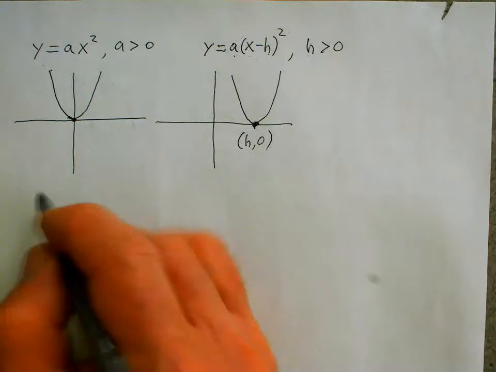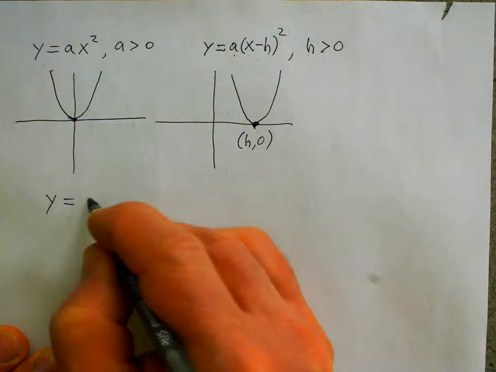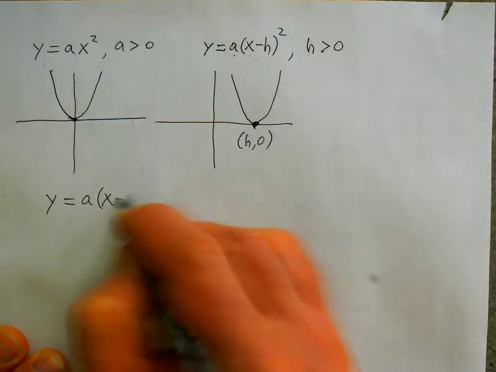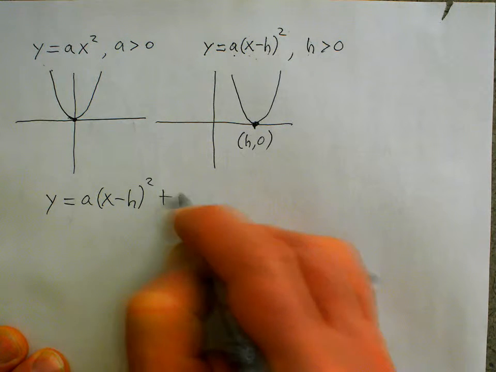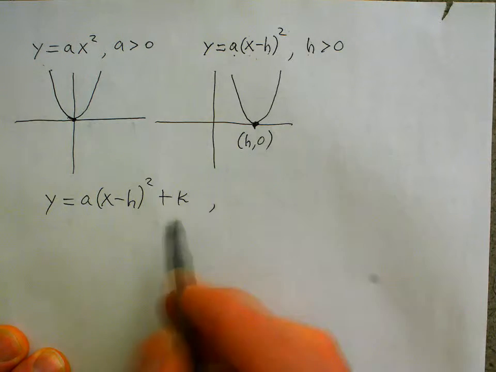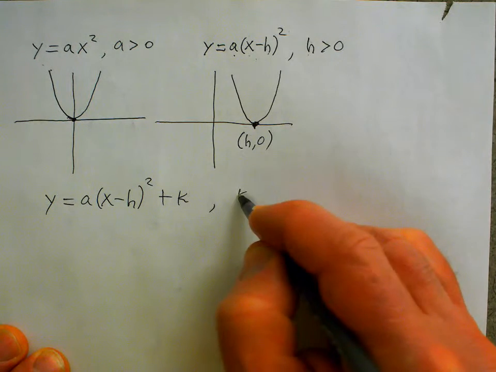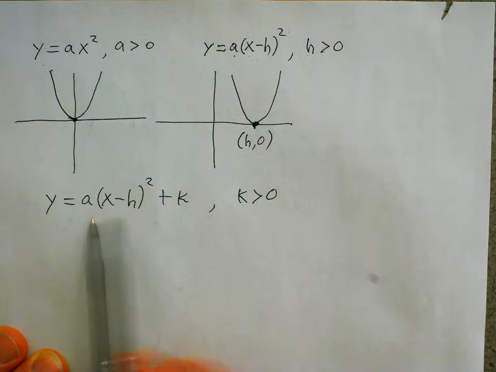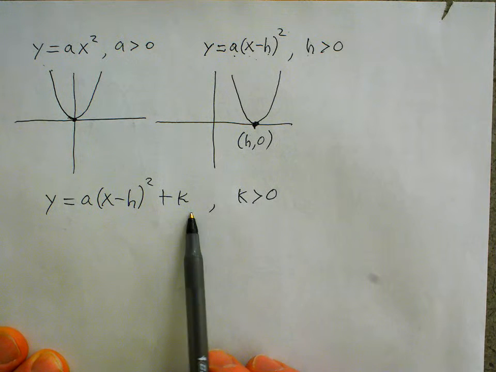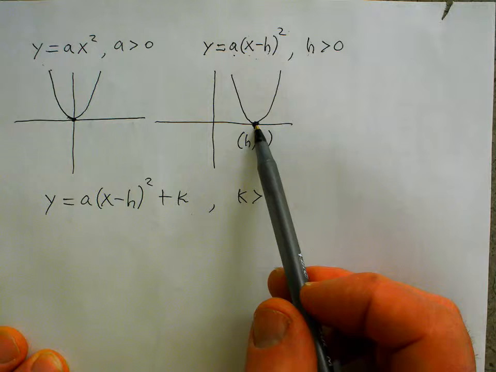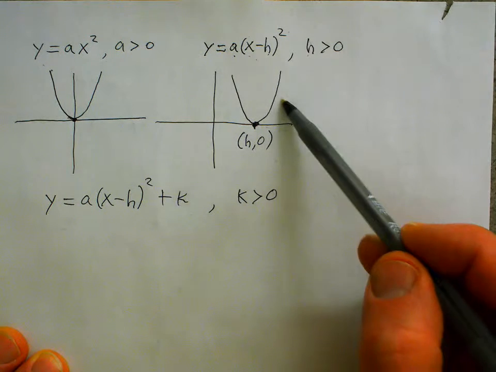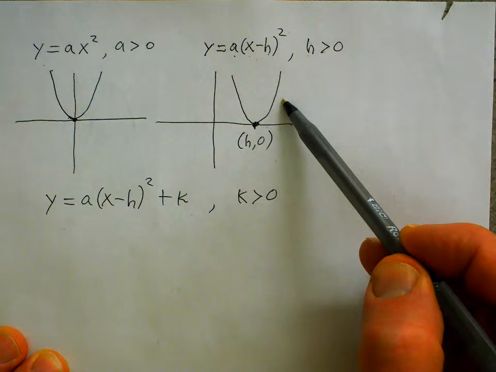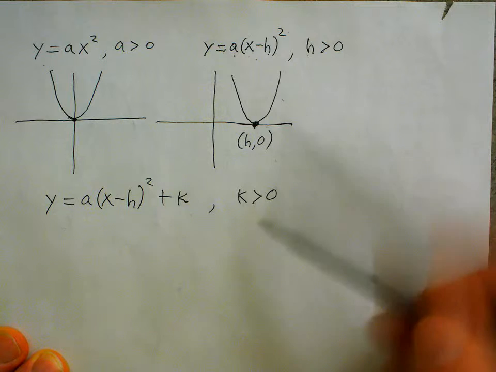Okay, then if we want to graph y equals a times x minus h squared plus k, and for this one we'll assume that k is positive, we can get a graph of y equals a times x minus h squared plus k if we move the graph of the previous parabola vertically upwards by k units.